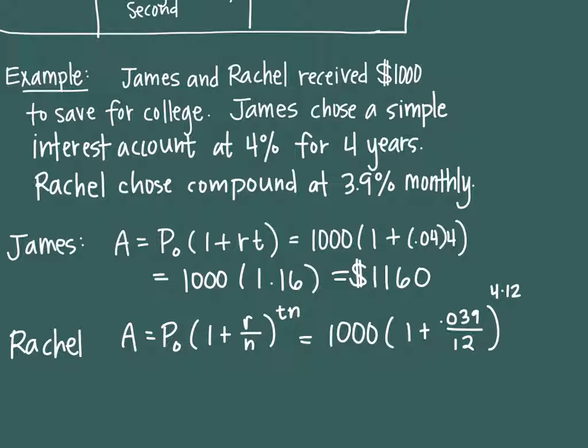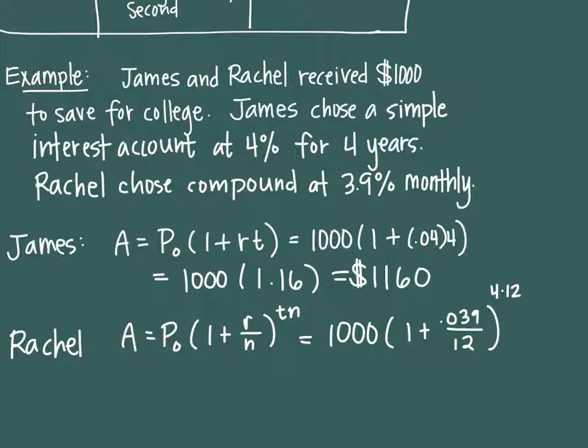So when you type that into your calculator, some of you are going to have to be careful with how your calculator goes. My calculator will automatically do 1,000, 1 plus 0.039 divided by 12. When I go to my power like this, you see how mine jumps up to be that little square up there? I can do my 4 times 12 up there. If you have the little caret arrow symbol, how many of you have that instead of having it look like this?